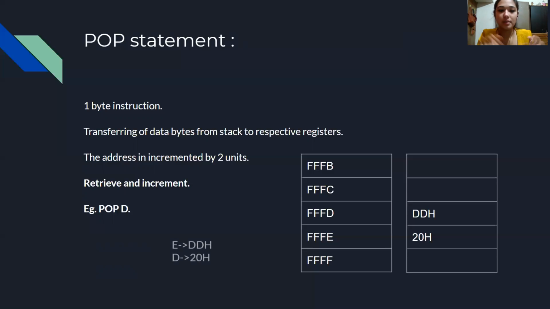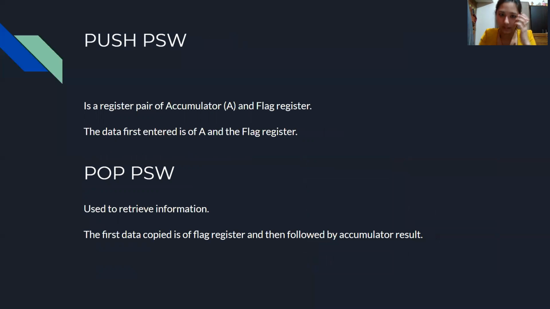So this will be the state of the D and E registers after the POP D statement has been performed. And the stack pointer would then be pointing back to FFFF. Now the point to be clear on is that the stack pointer increments or decrements by a number of 2 when push and pop statements are performed on it.